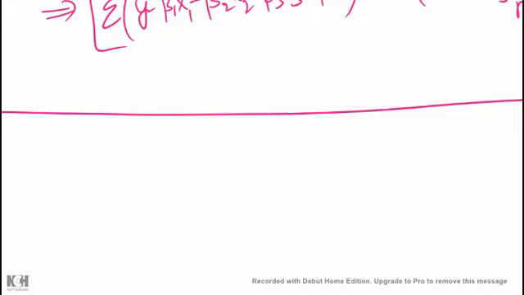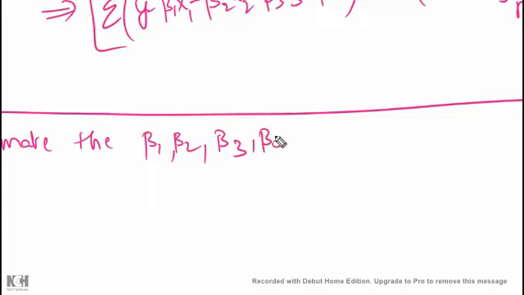In linear regression, we estimate beta 1, beta 2, beta 3, and beta naught, three coefficients along with the intercept.